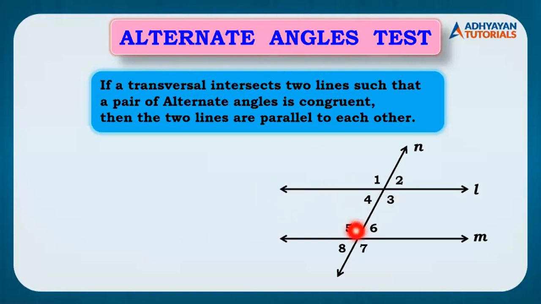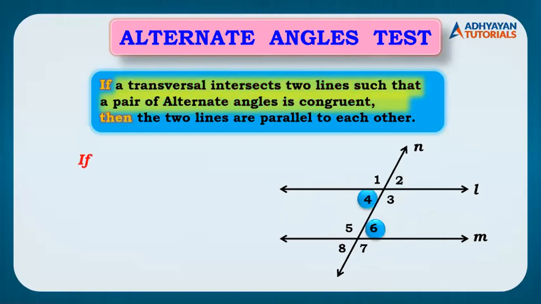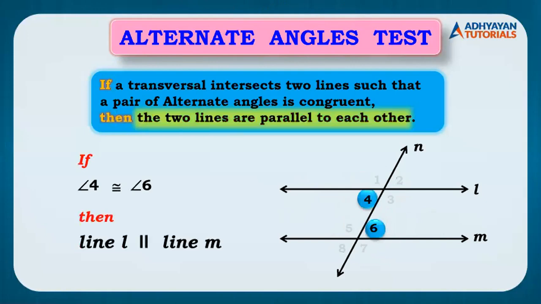It is Z. So if you see here, a Z is formed where 4 is alternate angle with this one, which is 6. So if 4 and 6 are congruent, then the lines are parallel, right? I hope it is clear. Likewise, if 3 and 5 are congruent, then too the lines are parallel.